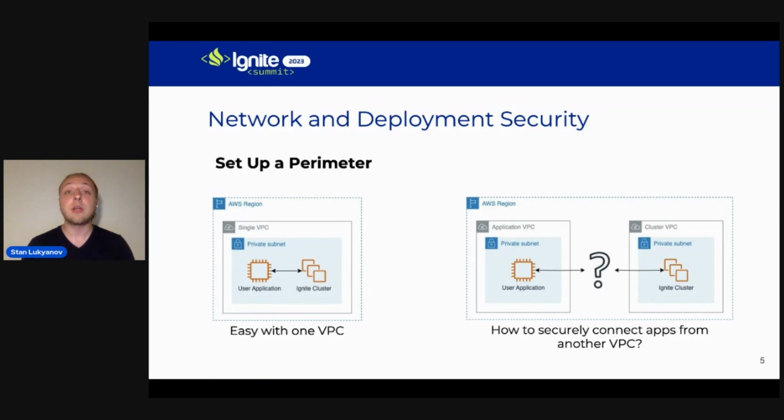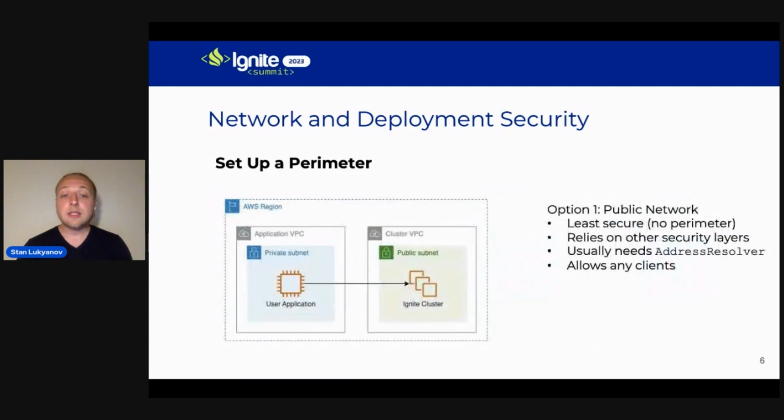So we will take a look at a few typical patterns, a few typical network topologies that help to solve this problem. The first, the easiest one and the least secure one, obviously, is just putting Ignite into a public network.